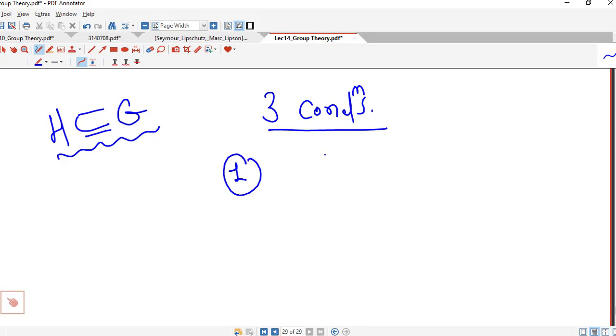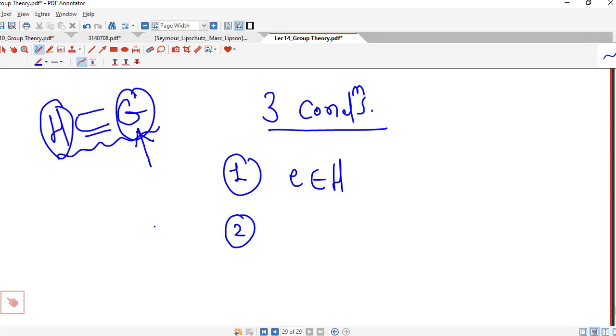So the first condition is H must contain the identity of group G, that is e belongs to H, where e is the identity of group G. Now we are considering the same binary operation which is given for group G. So our set H must be closed under the binary operation star.